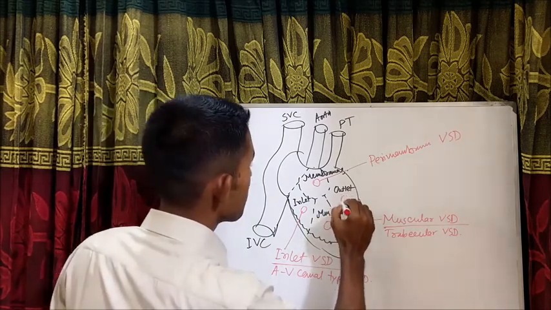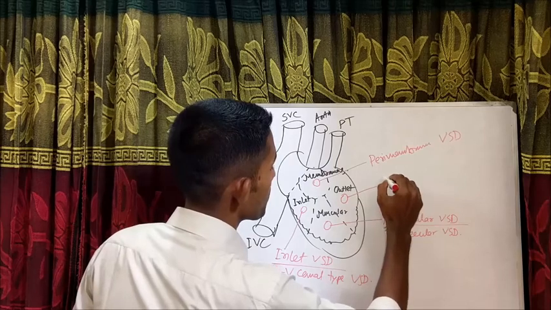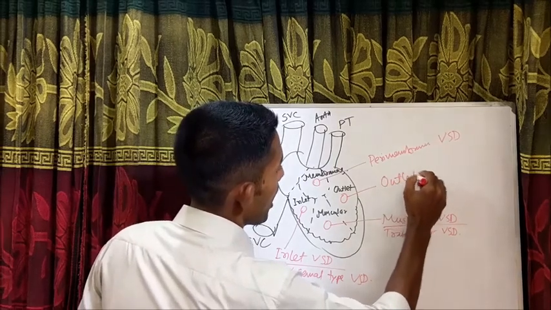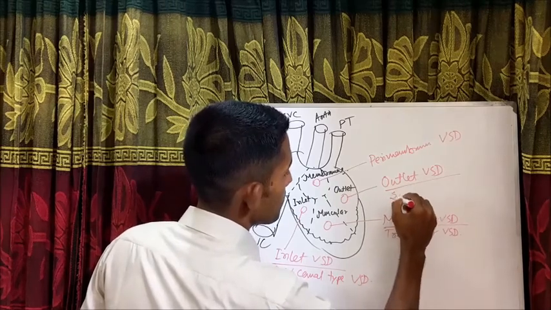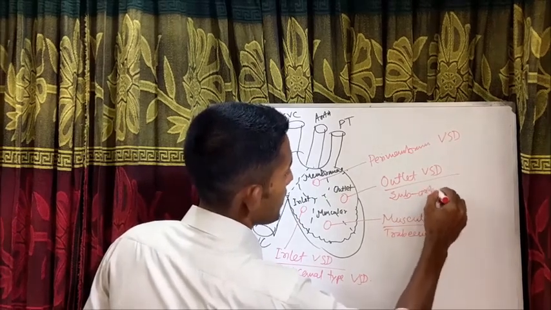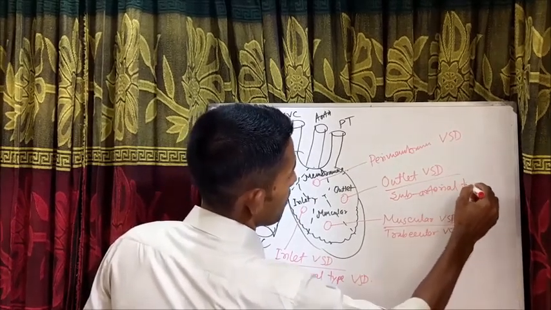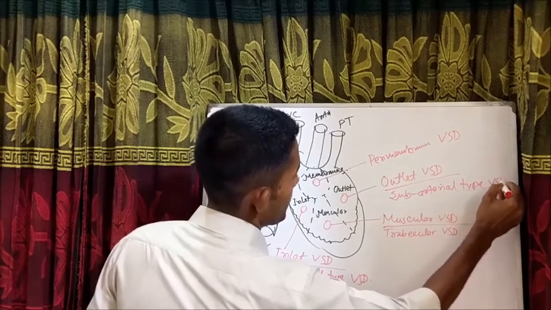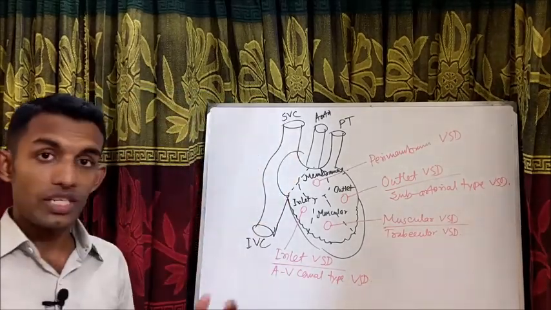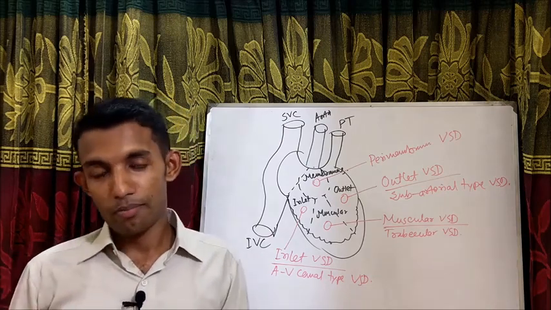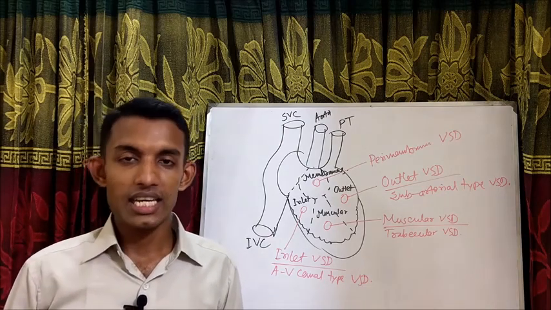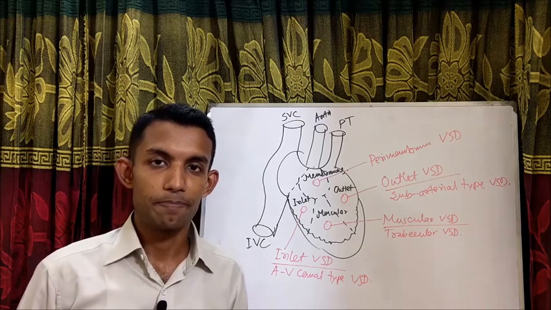And if there is any defect in this outlet portion of this ventricular septum, then it is called outlet VSD or subarterial type VSD. So these are the four types of VSD: perimembranous VSD, muscular VSD or trabecular VSD, inlet VSD, and outlet VSD. Now the pathophysiology of VSD.